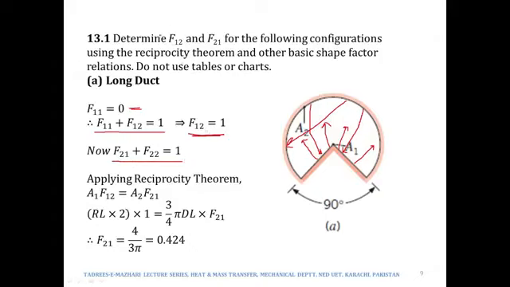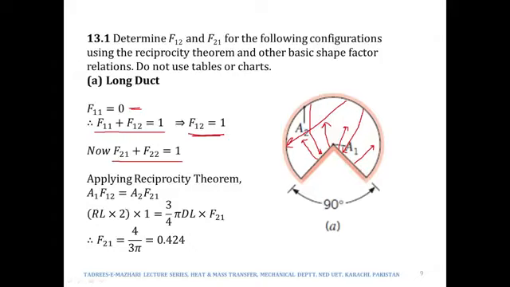So once we have found out F12, finding out its counterpart F21 is not a problem at all, because we would be knowing the areas. If we apply reciprocity, we write it in this form: A1 F12 is equal to A2 F21. Now what is A1? The area of these two plates. What is the length of these plates?